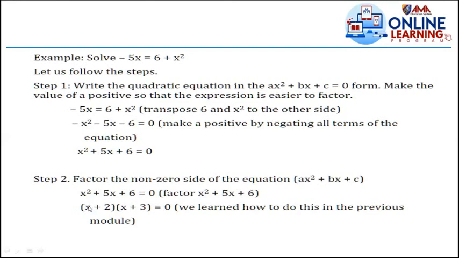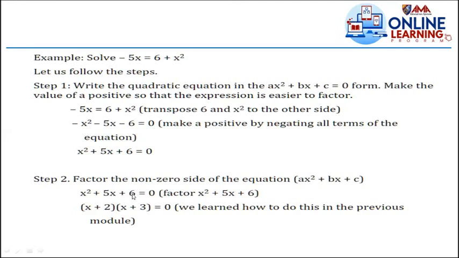Pag x squared yan, automatic, merong x sa bawat factor po niya. Then after that, pag nakuha na natin yung factor ng first term, we're going to look for the factor nung last term. Yung 6, ang factor niya is look for numbers that if you multiply, you're going to have a product of 6.